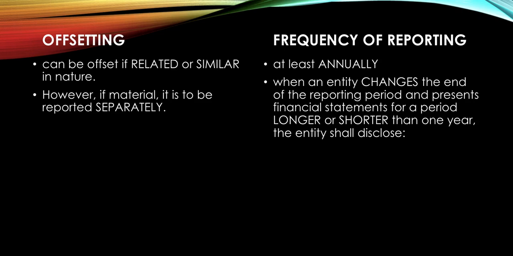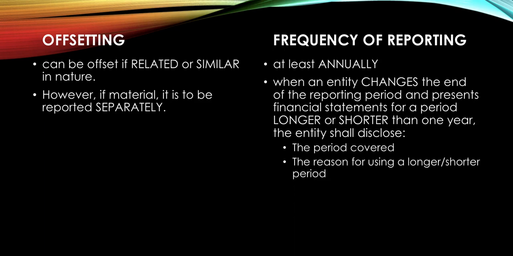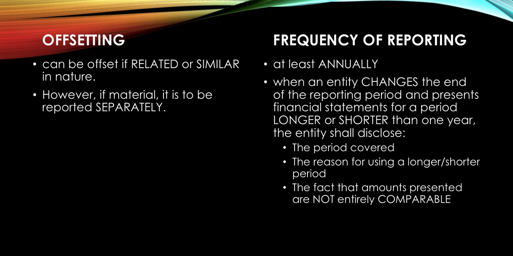So it is not comparable with the previous year, because that was 12 months and this is only 5 months. So if that happens, you must state the period covered and the reason why it is a shorter or longer period, and that it is not entirely comparable because the number of months covered is not the same.